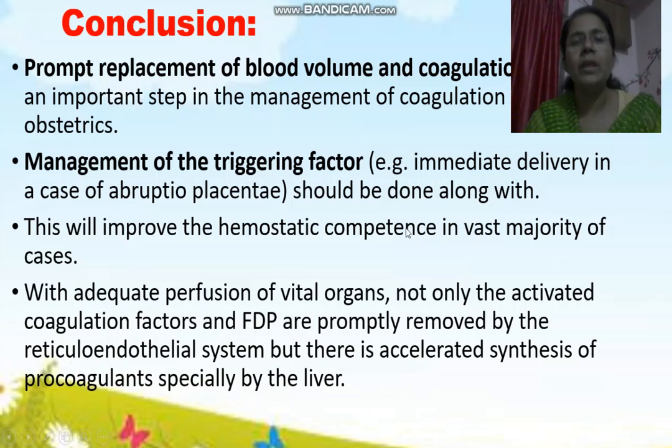This will improve the hemostatic competence in the vast majority of cases. With adequate perfusion of vital organs, not only are the activated coagulation factors and FDPs promptly removed by the reticuloendothelial system, but there is accelerated synthesis of procoagulants, especially by the liver.